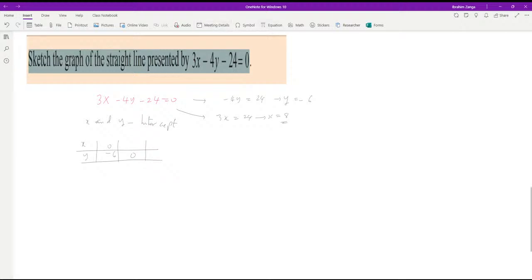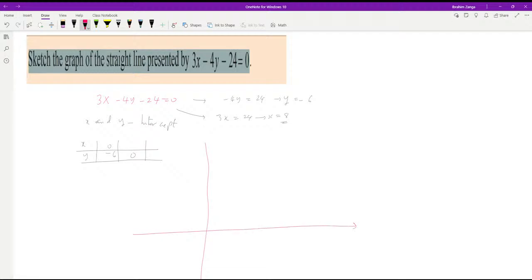So let us sketch now the graph, dear students. Sketching the graph of this straight line. This is a very rough graph, an apology, because I'll be just using freehand.